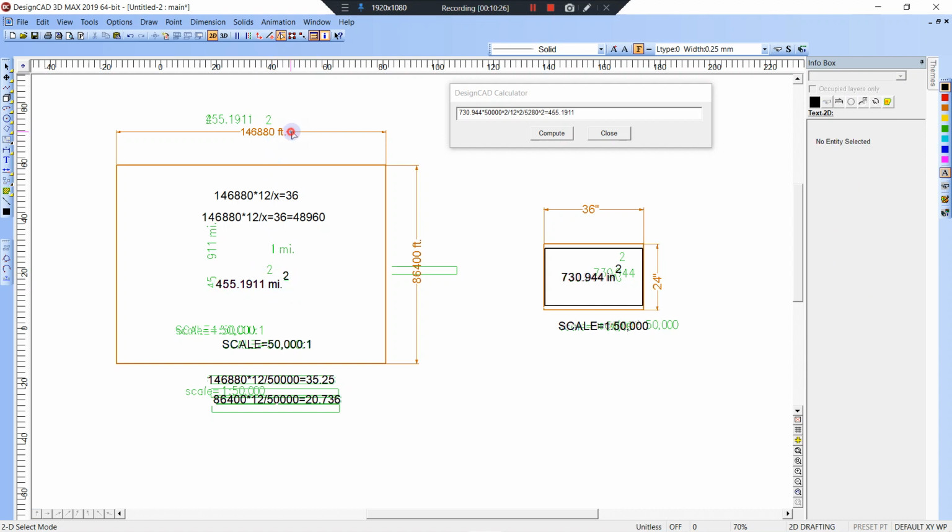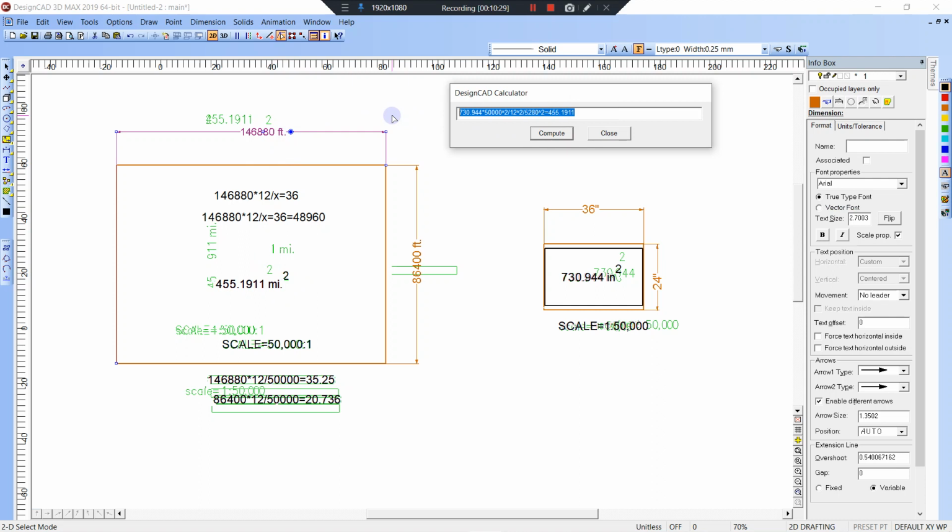So now we should, if we do this, 146,880 times 86,400, and then hit compute, you get the square feet divided by 5,280 squared equals, should give us the same number, right? 455.20.